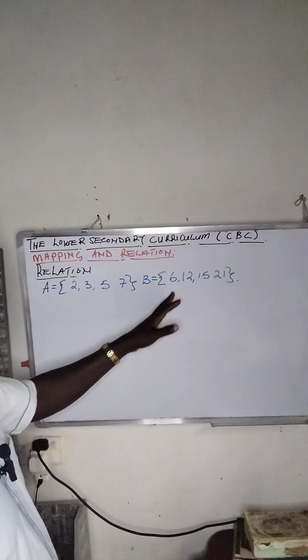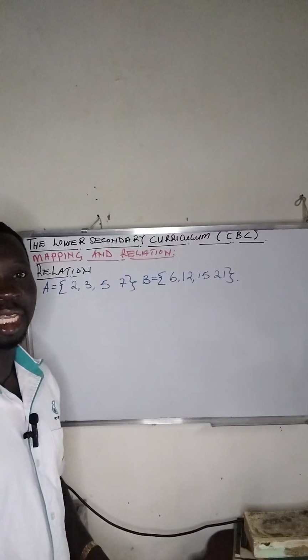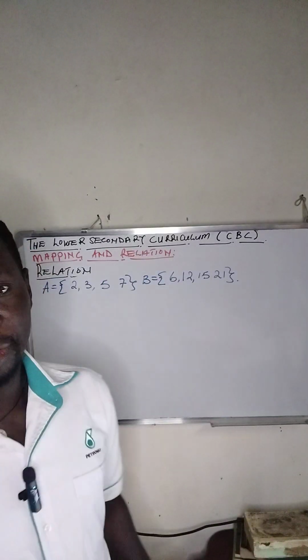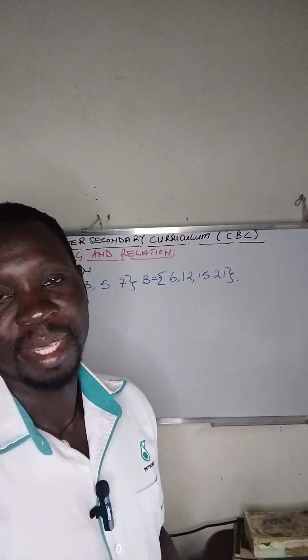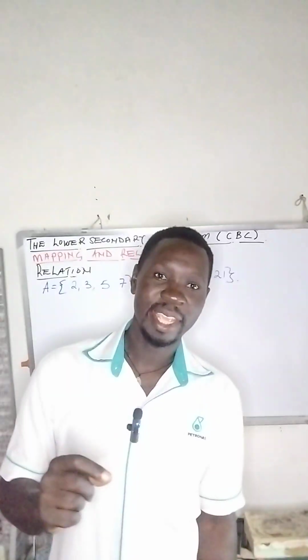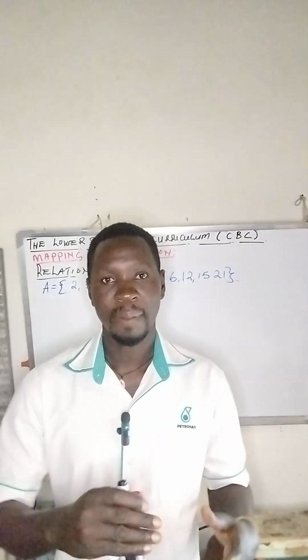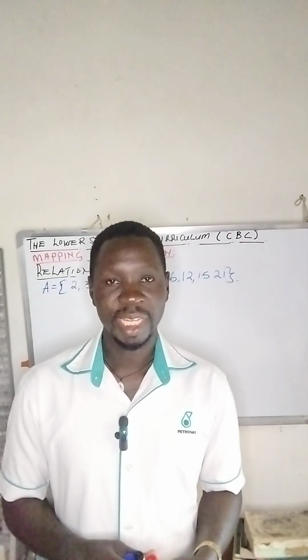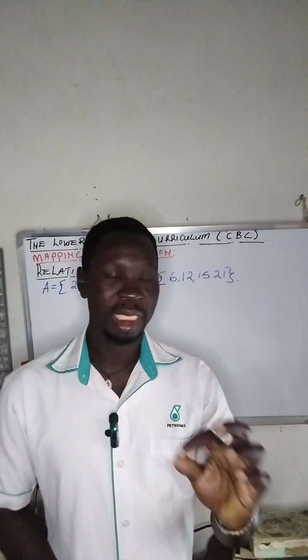Then set B is having 6, 12, 15, and 21. Now, we can say how group A members are connected to group B members. This is the competence-based curriculum. We need to understand the concept of mapping and relation.